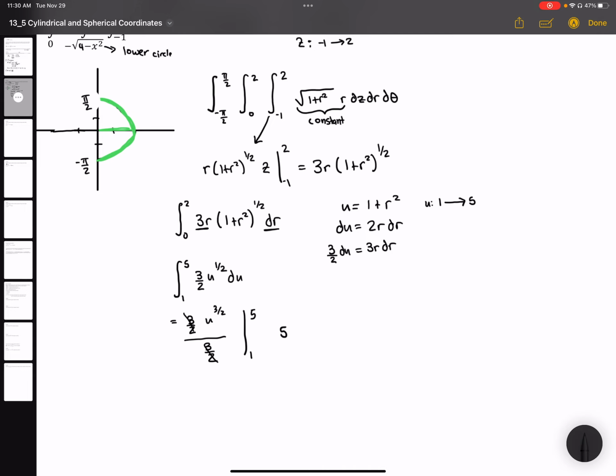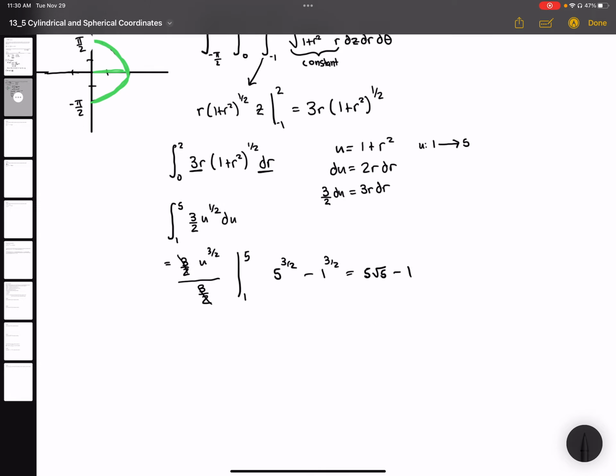So that's going to give us 5 to the 3/2 minus 1 to the 3/2. And 5 to the 3/2 is the square root of 5 cubed. So that's going to be square root 5 times square root 5 times square root 5, which is really just 5 square root 5 minus 1 to the 3/2, which is 1. So that's the result for our middle integral.